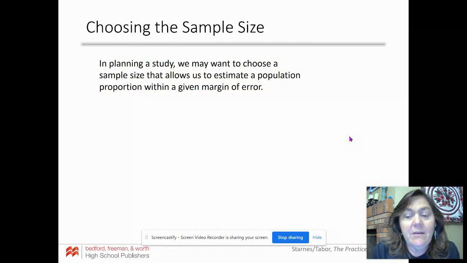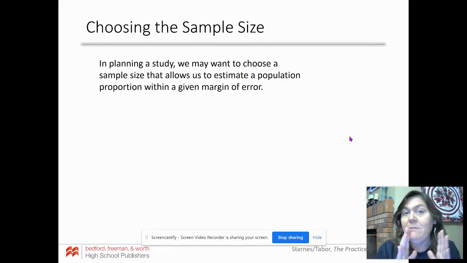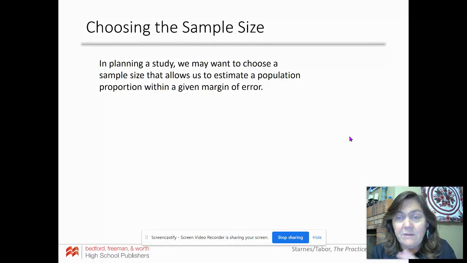One other topic that you need to know how to do for this: let's say we are planning a study now. We don't know what our n is. We know that when we do this study, we need to be within a certain margin of error when we are estimating that parameter, or it's not going to be a valid situation for us.